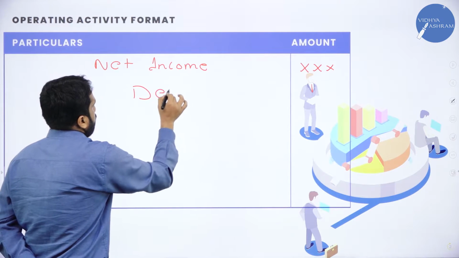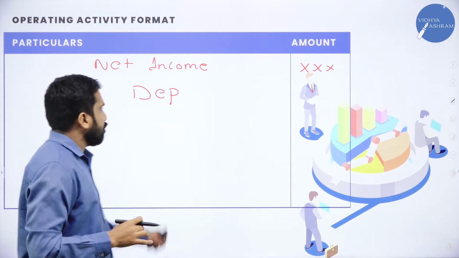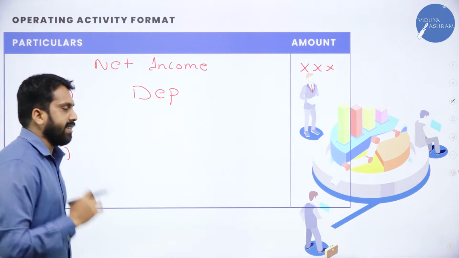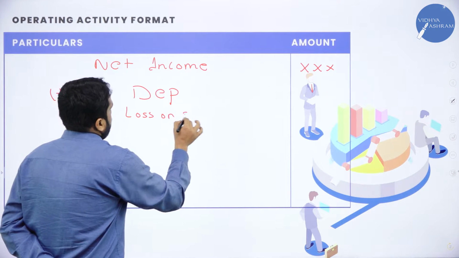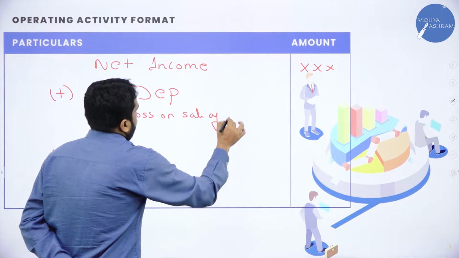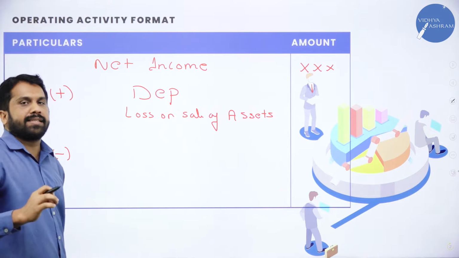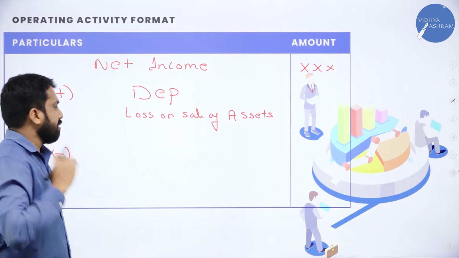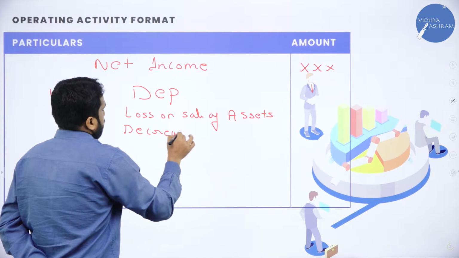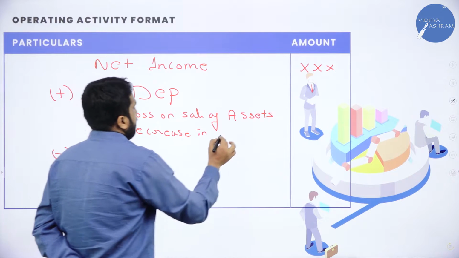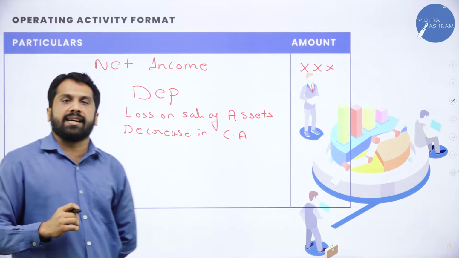First one will be depreciation. Depreciation on assets should be added. Then loss on sale of assets. The third one, decrease in current asset.